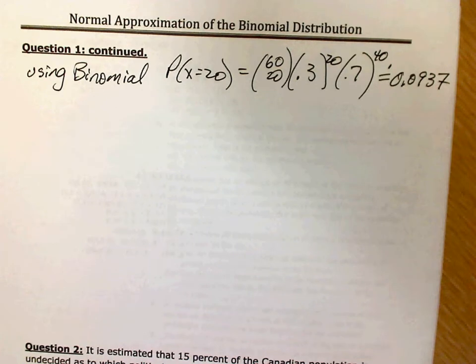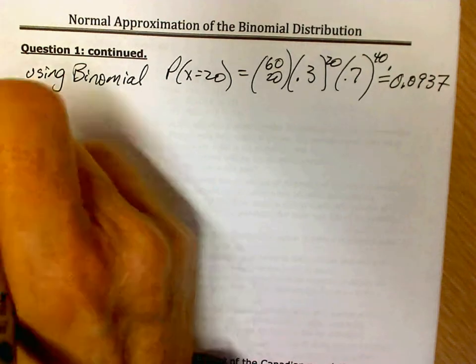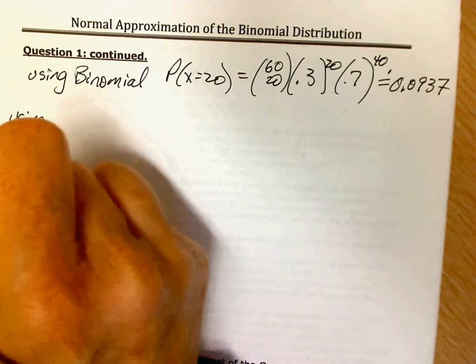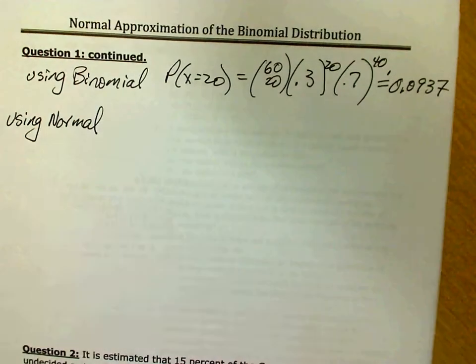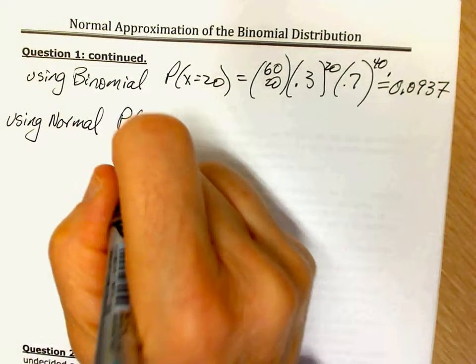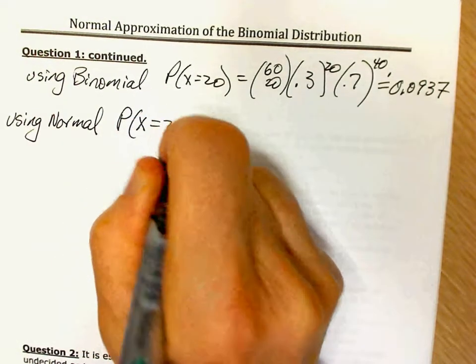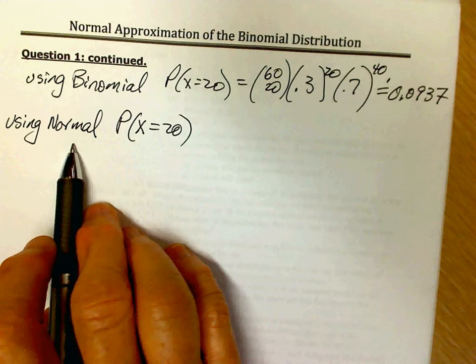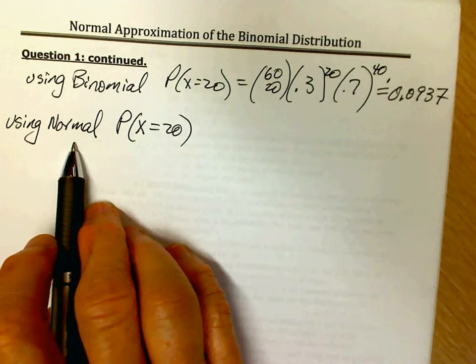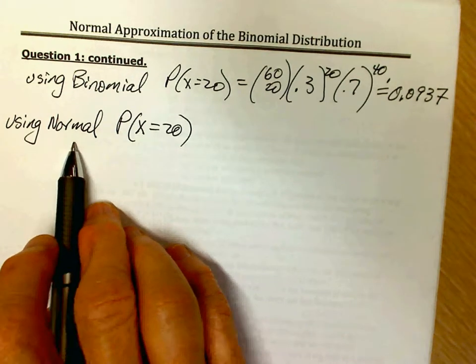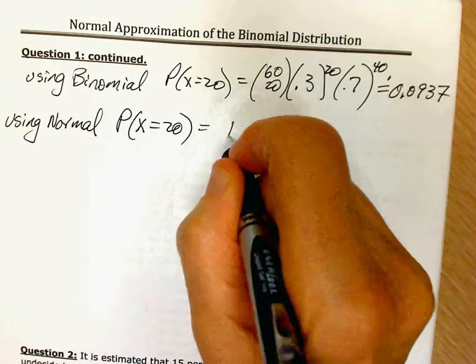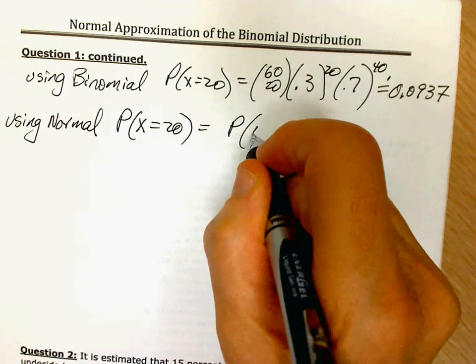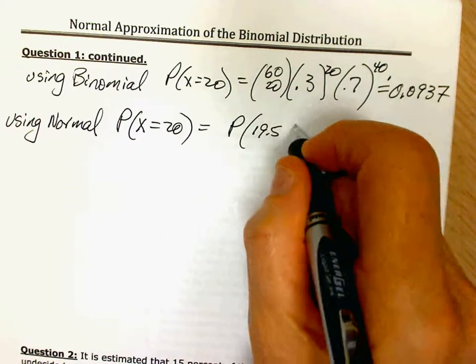Now using normal. We want the probability x equals 20, but because we're using a continuous model, we're going to need a 0.5 below and above adjustment. So that's going to be the probability 19.5 is less than x is less than 20.5.